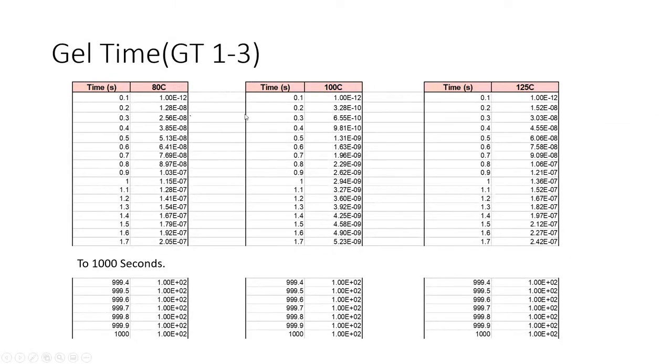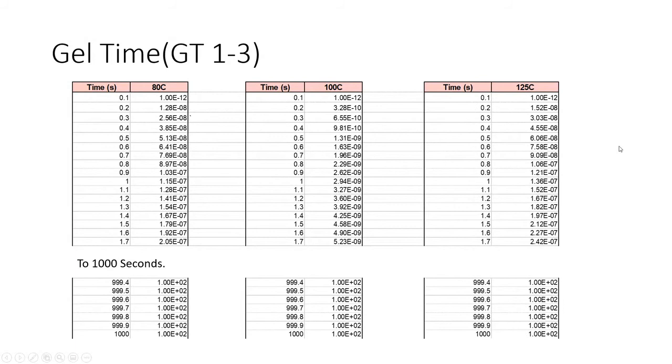So we have to choose gel time analysis across the span of the temperatures within the flow path of the injection machine itself. I've truncated this, and so on down here, but you can see we've put this in terms of degree of cure. This is a very small number, 1 times 10 to the -12. So we're essentially starting out at 0 degree of cure, and we reach 100% state of cure.